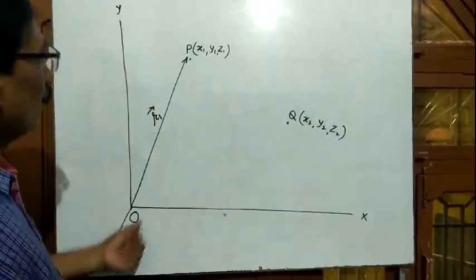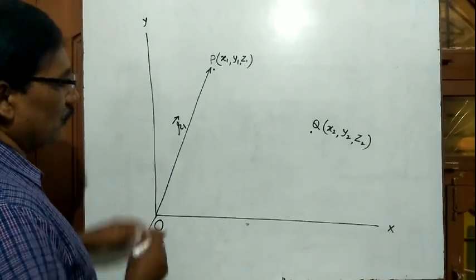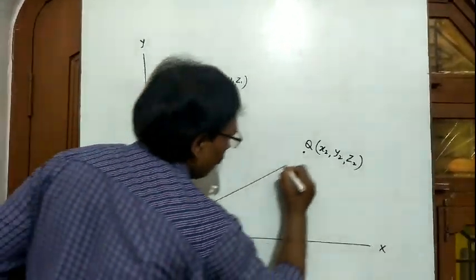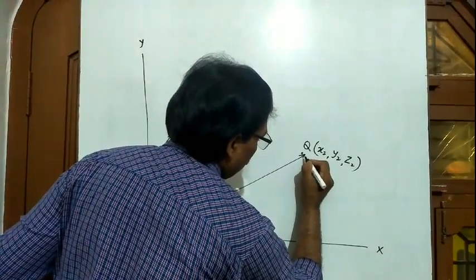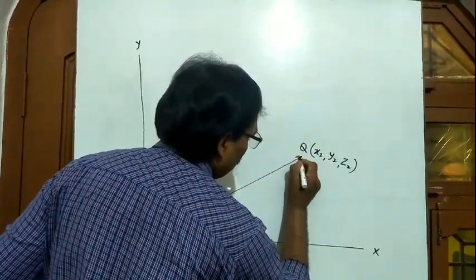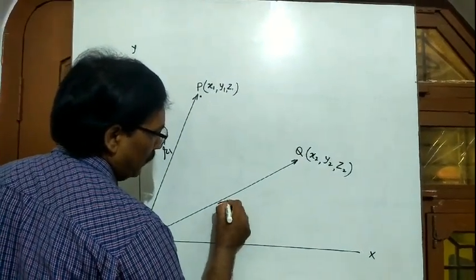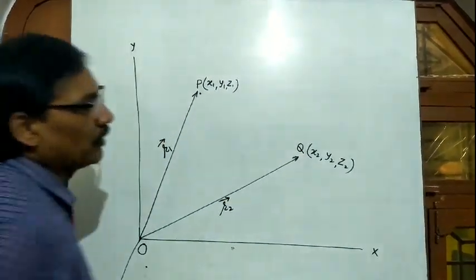You can write it as vector OP also. This is the position vector of point P. And similarly, this is vector R2. That is the position vector of point Q.